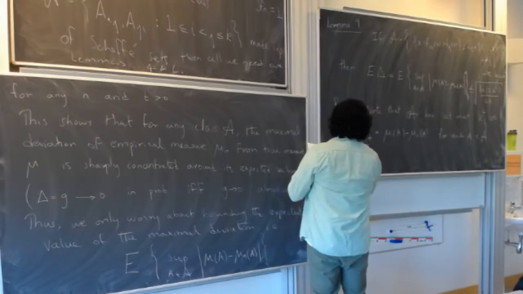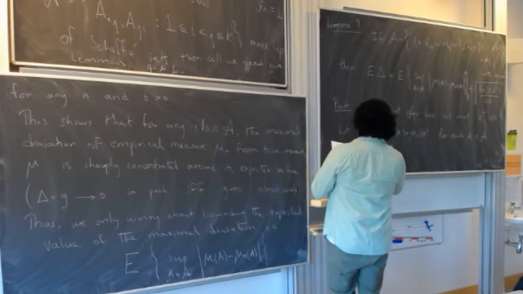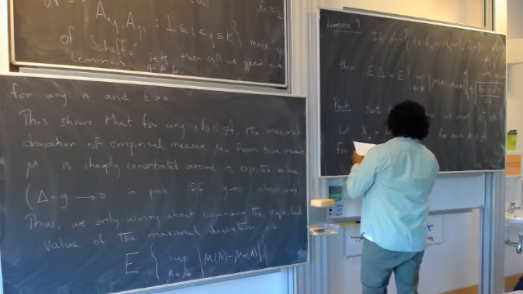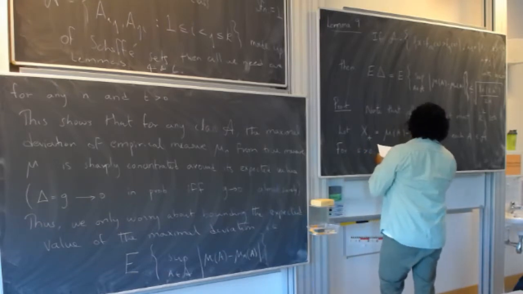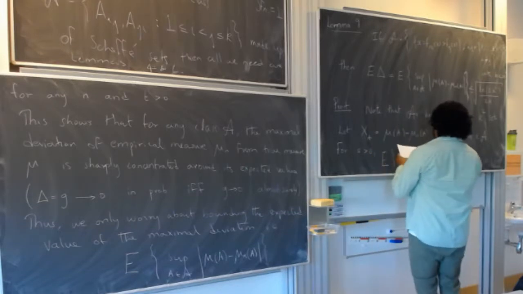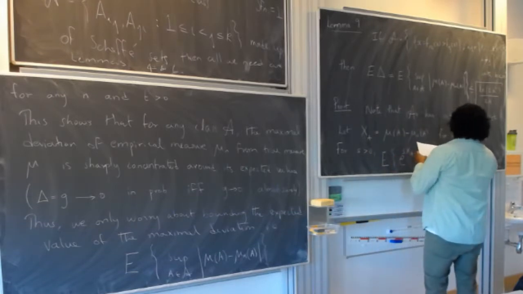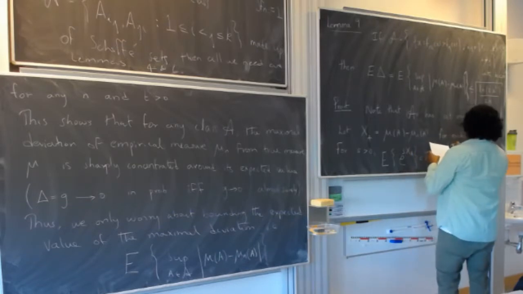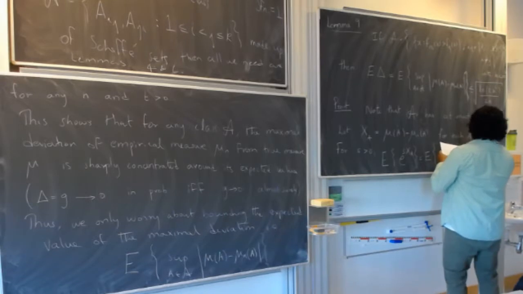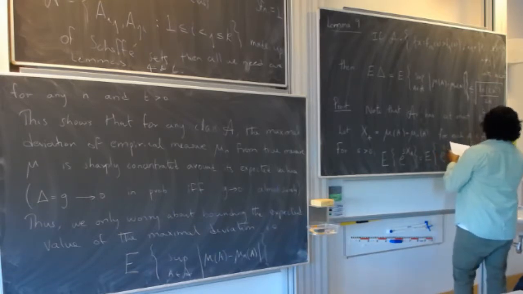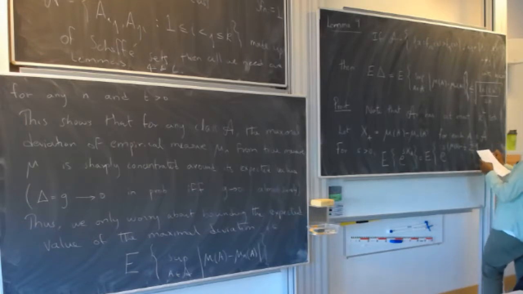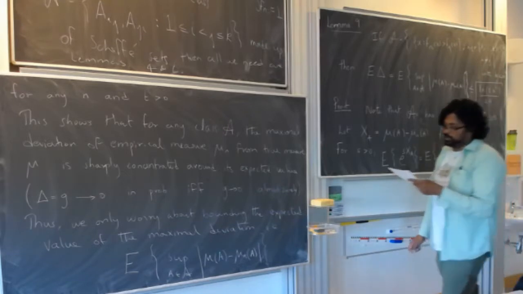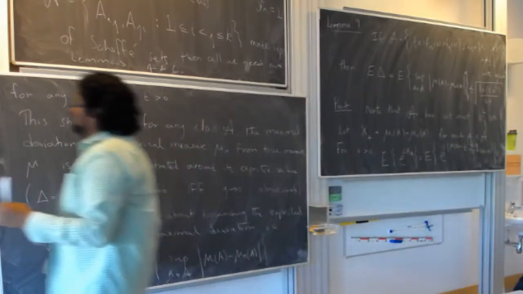Then for small s positive, we have the expectation of e to the s x of a is equal to the expectation of e to the s, you just plug in the definition here for mu(n) and x of a. Okay, so we are interested in the expectation of that.